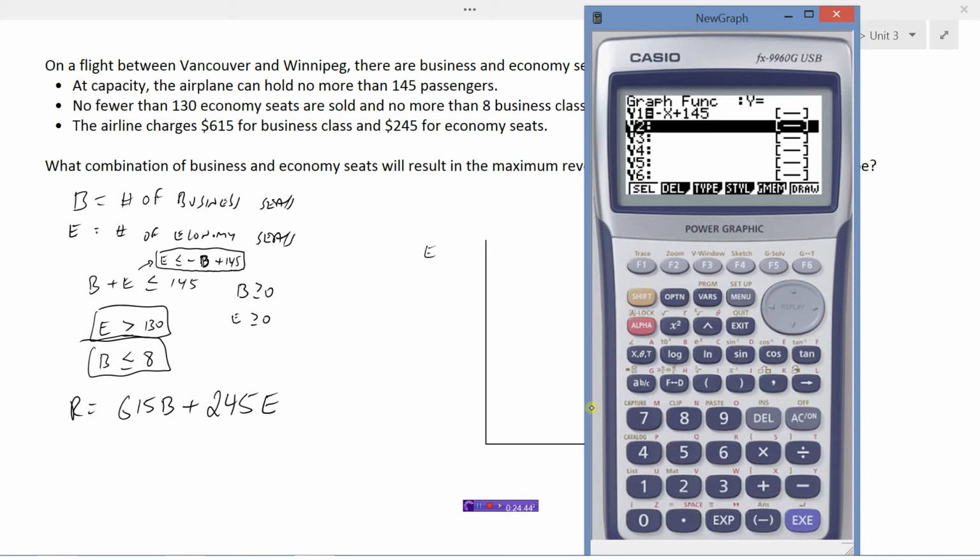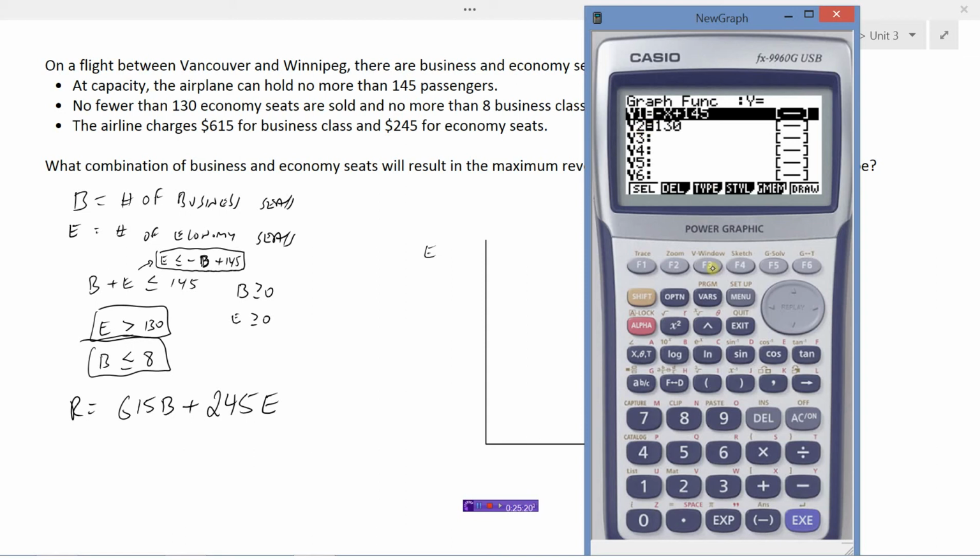And then my other equation I'm going to put in there is E is greater than 130. So E is my Y value. And then this one's going to be a bit of a problem because this is an x less than or equal to 8, and I only have y values here. The other problem we've got, we'll deal with that in a sec, is we've got equals to, and in this one we want less than or equal to.